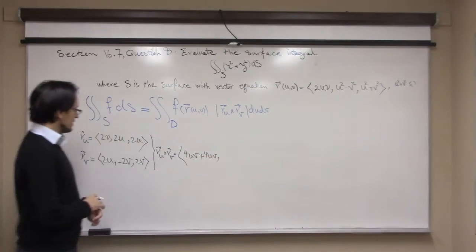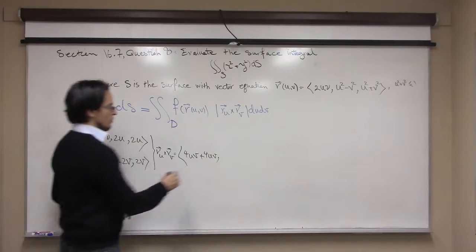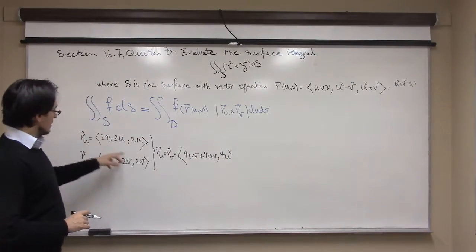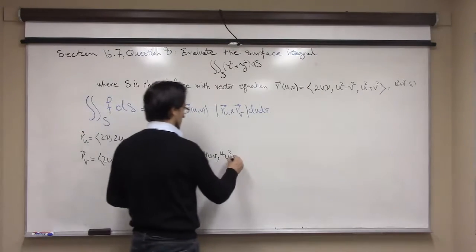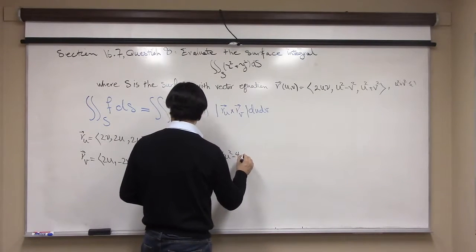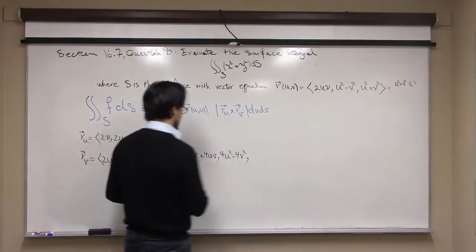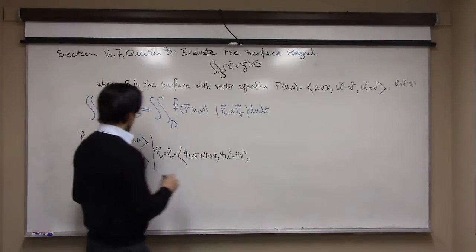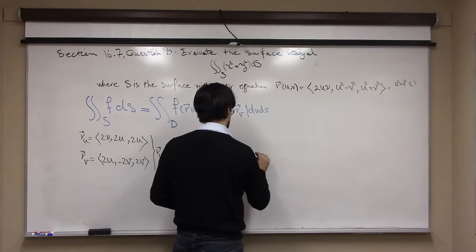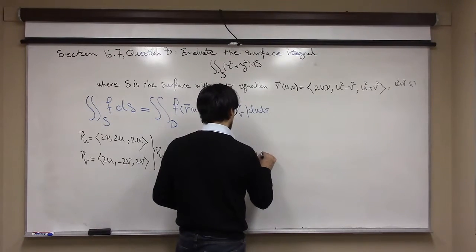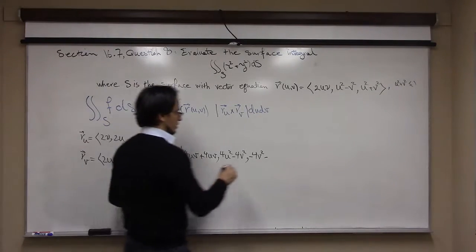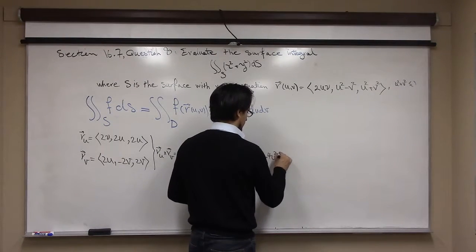That's the first component. The second component is 4u squared minus 4v squared. That's the second component. And the third component is minus 4v squared minus 4u squared.